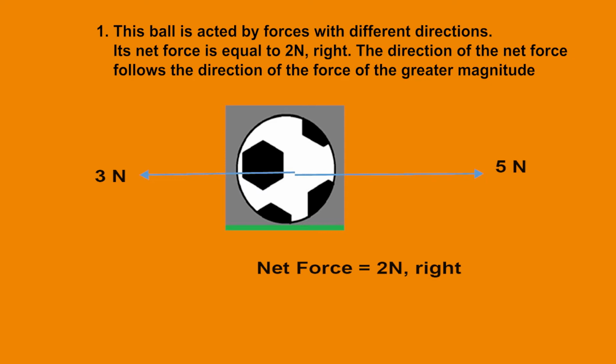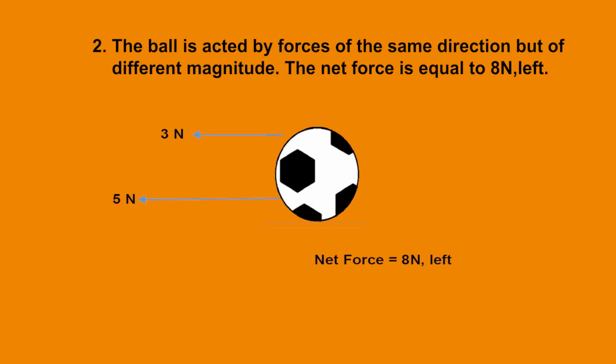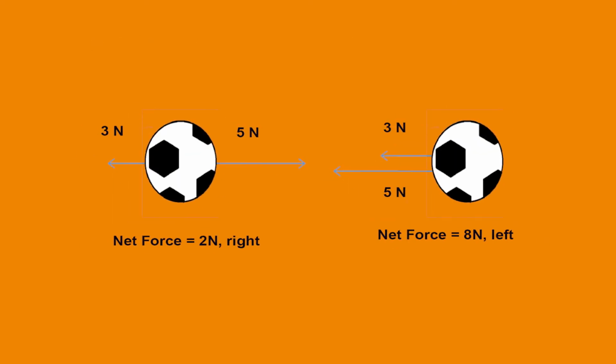The direction of the net force follows the direction of the force of the greater magnitude. Another ball is acted on by forces of the same magnitude and direction. The net force is equal to 8 N left. Did you find the difference in the two examples?